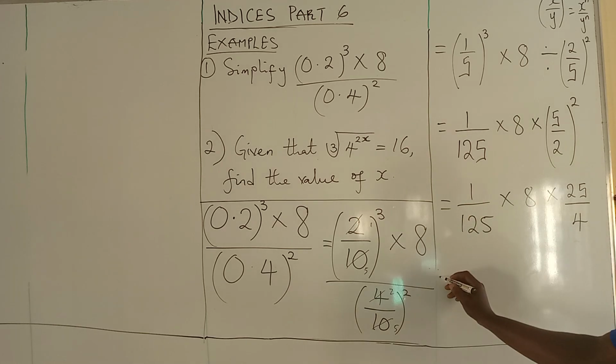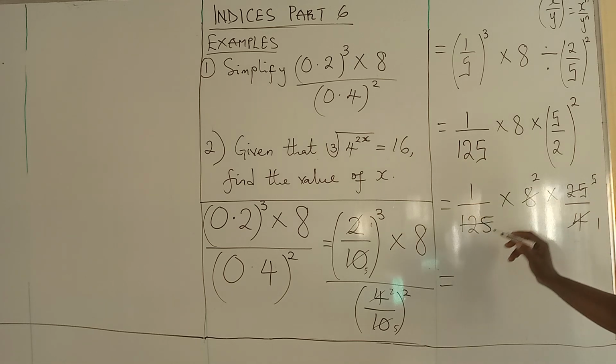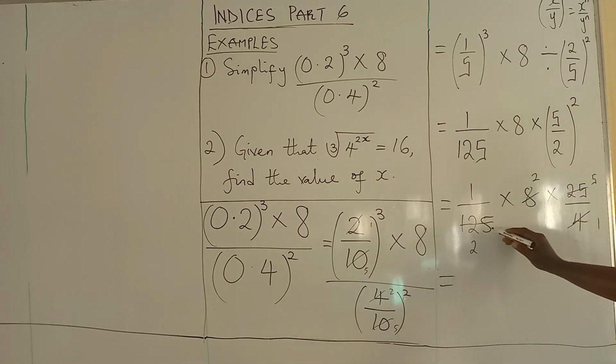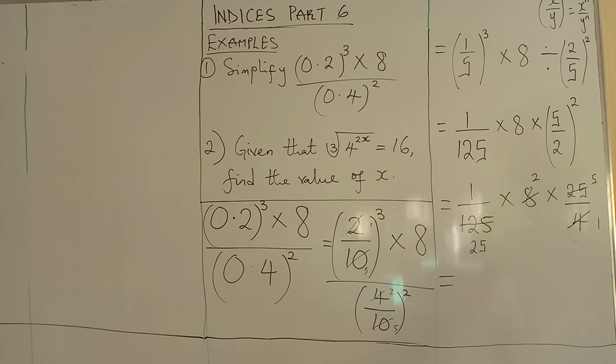And so at this point, 4 can cancel here 1, 4 can cancel here 2. 5 can cancel here 5, and 5 can cancel 125. 5 goes into 25 5 times. 5 goes into 125, 25 times.